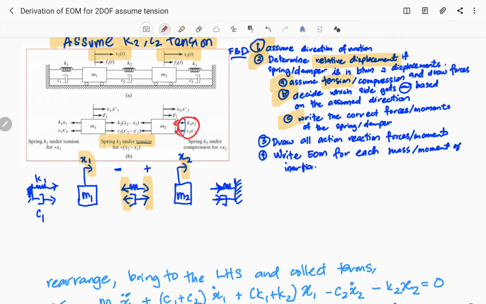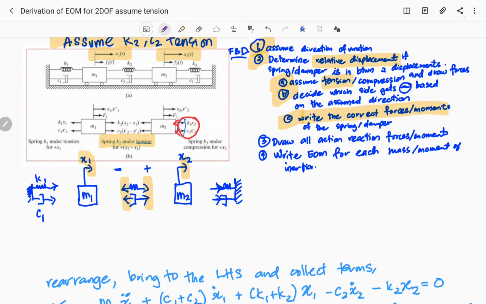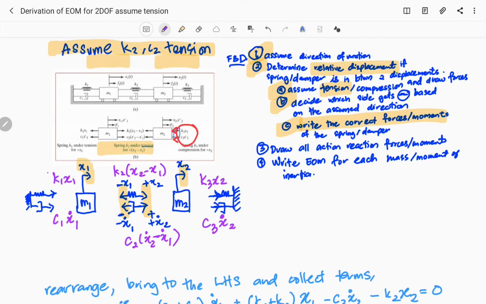Before we write the action reaction, we have to make sure we write the correct forces. So let me go ahead and write all the forces first. Let me change the color. Okay, so I've written all the forces. We are in step 2C.